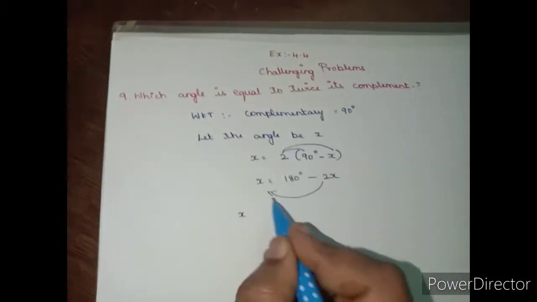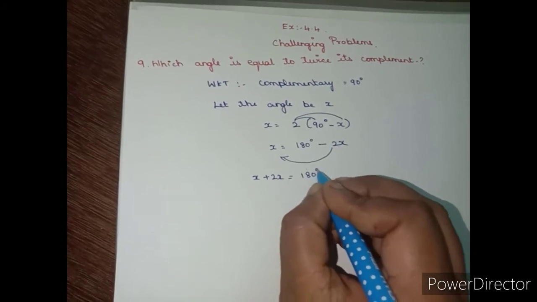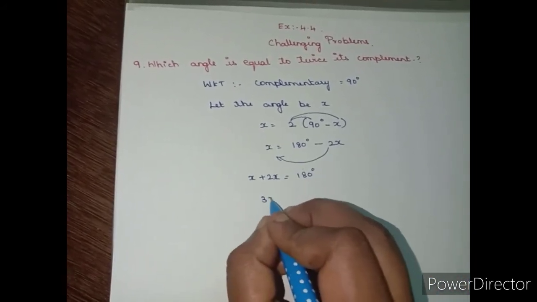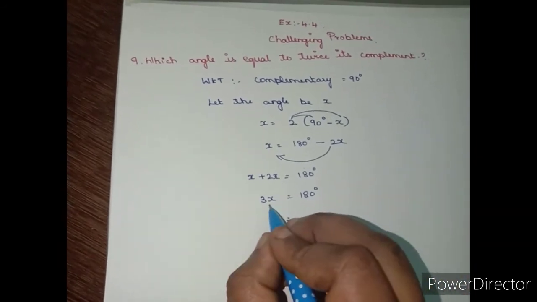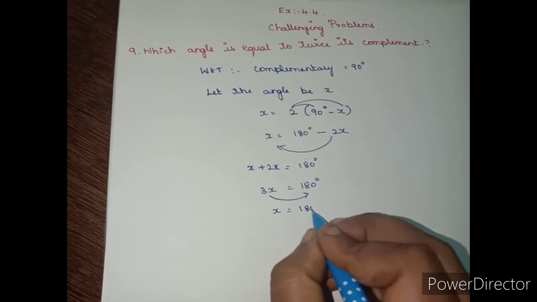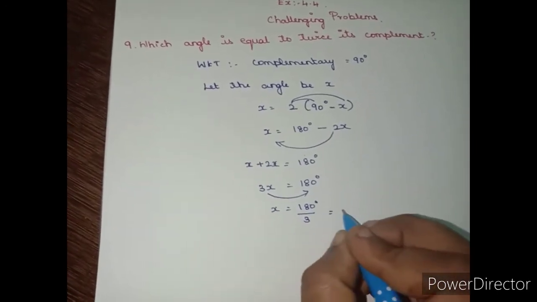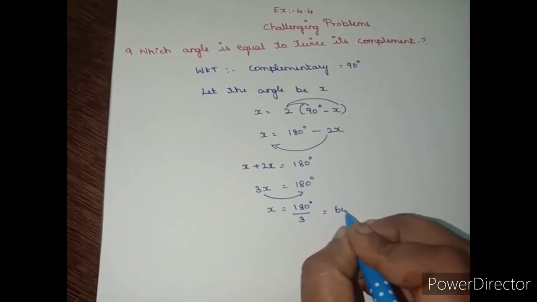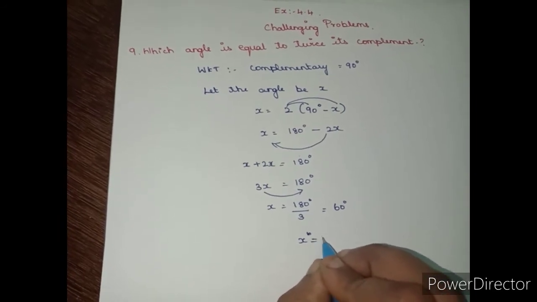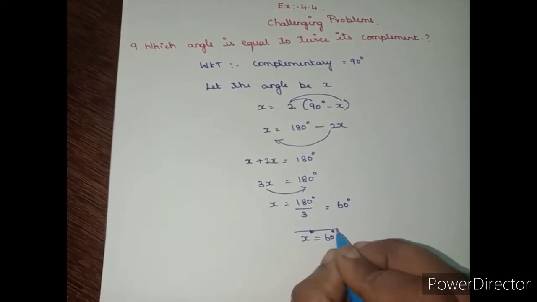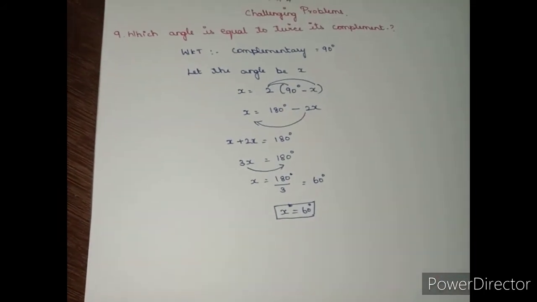When minus 2x comes to the opposite, it is plus 2x, so x plus 2x is equal to 180 degrees. 3x equal to 180 degrees. So x is equal to 180 by 3, multiplication when it moves to the opposite becomes division, equal to 60. So the angle is 60 degrees. Okay, we'll go with the next sum.